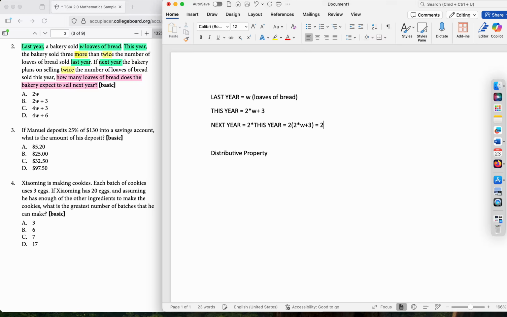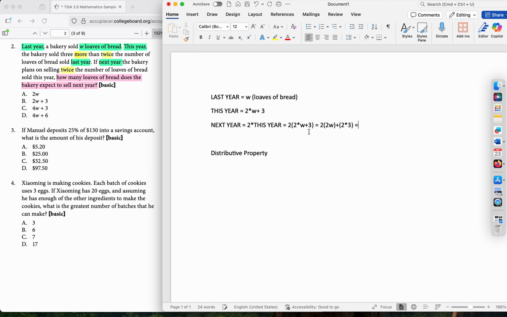So we're left with 2 times 2W. And from this point on, I'm going to use parentheses to indicate multiplication. So 2 times 2W plus 2 times 3.